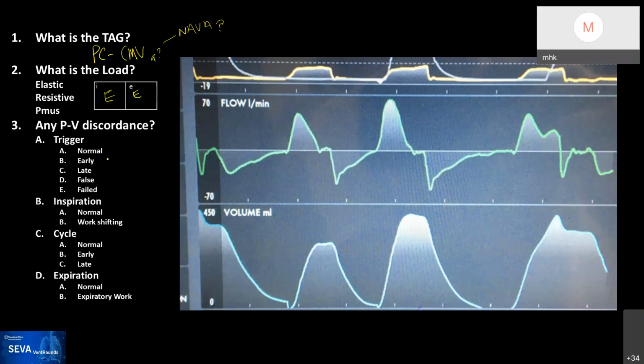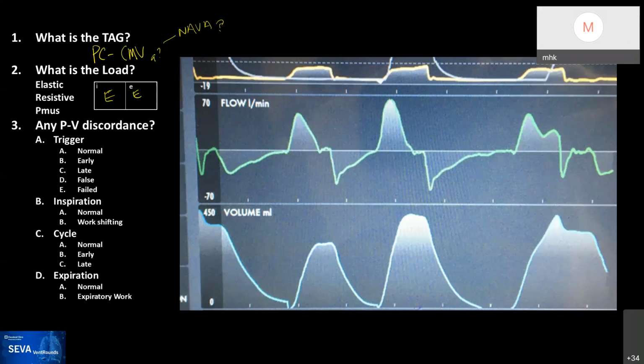If I'm saying that the triggers are all machine triggered, then there's no problem with the trigger. But if I look at the blue waveform as like a neural waveform, then perhaps there's like the third breath is I'm gonna help you.